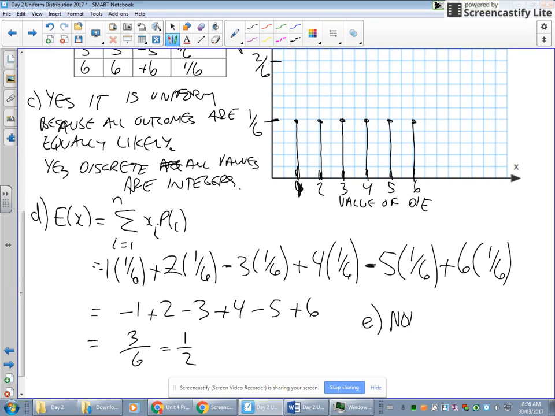A fair game is determined if the expected value is a 0. So this is not fair because the points gained and lost are not equal.